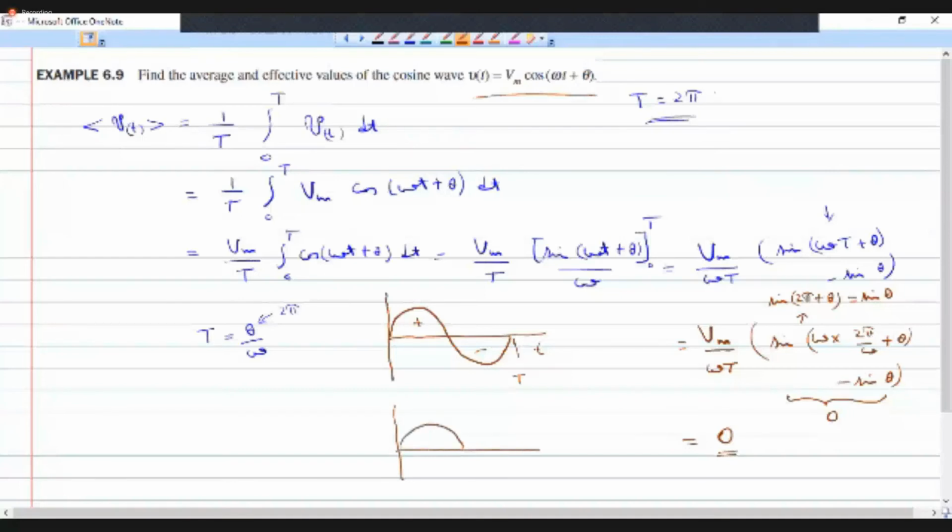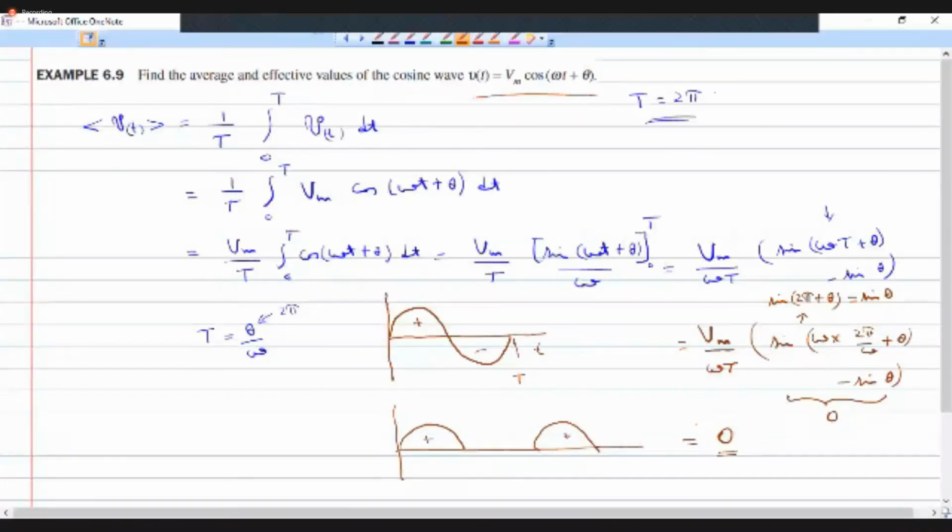Okay, so this is a particular graph of a half-wave rectified voltage, in which you have only parts of the sinusoidal voltage. So we will have some average value. But when you have a full sinusoidal wave, then the average value will be equal to 0. So that you have to remember.